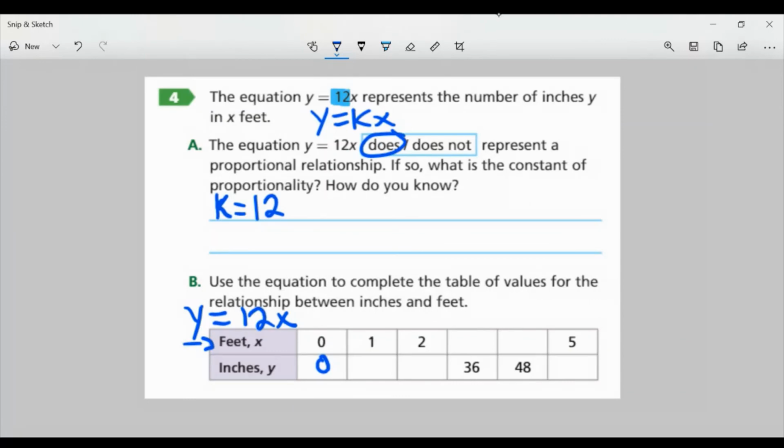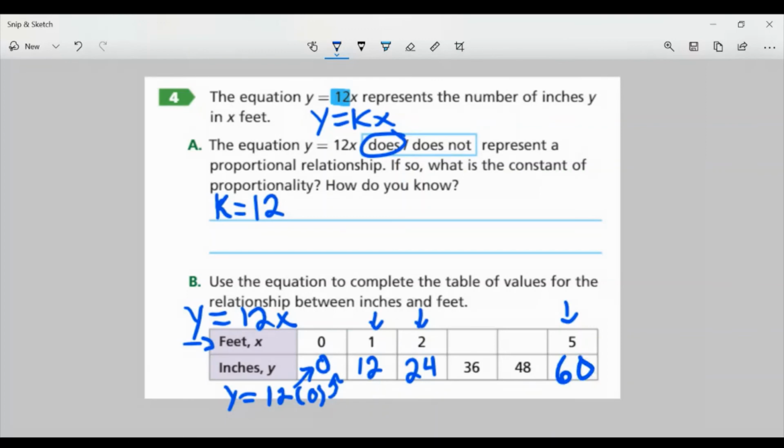So for this one, it would be y equals 12 times 0, which is 0. So I'm plugging in each one of these numbers for x to find out what the y value is going to be. So 1 times 12 is 12. 2 times 12 would give me 24. 5 times 12 would give me 60.